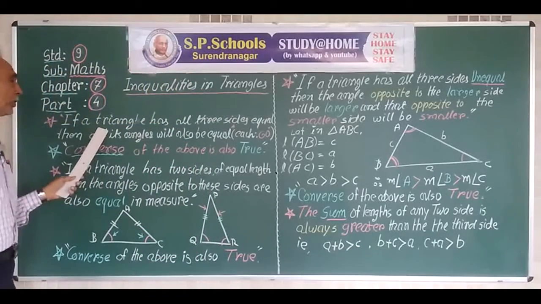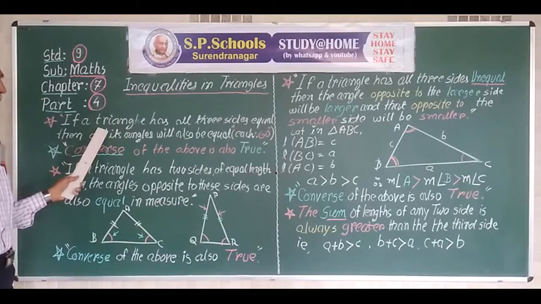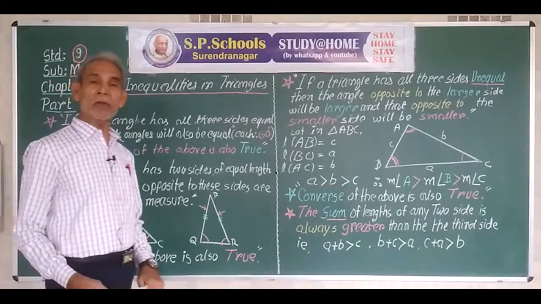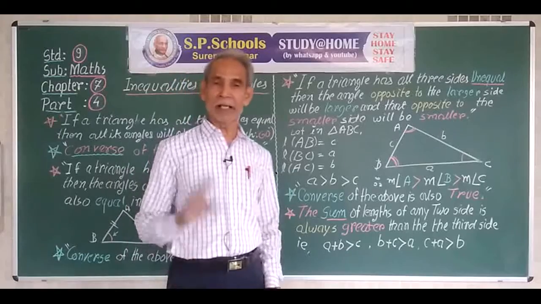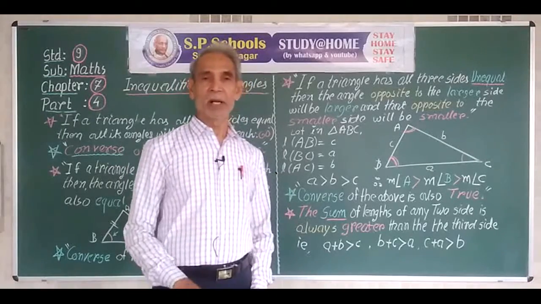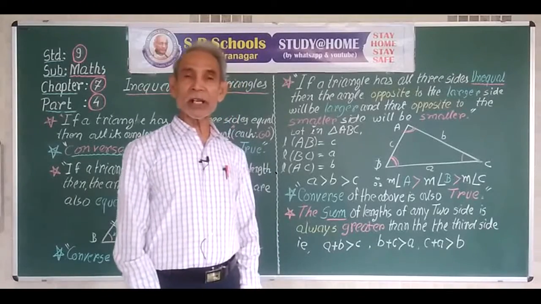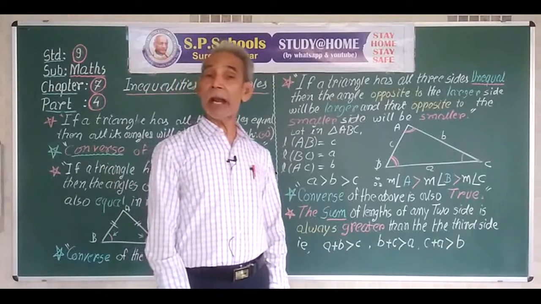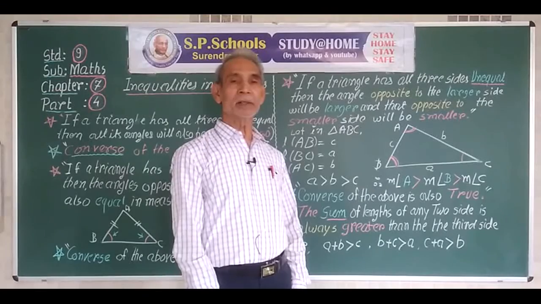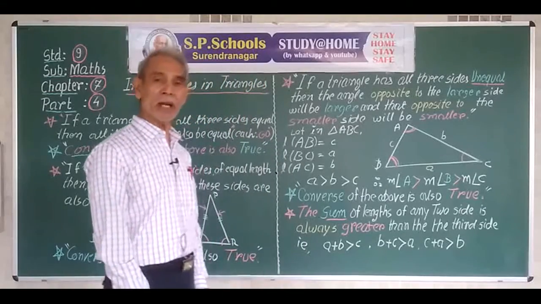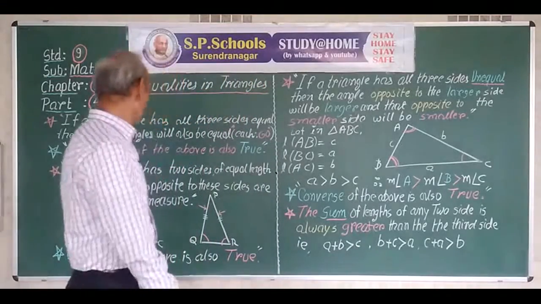What is the type of this triangle in which all three sides are equal? Yes, it is an equilateral triangle. Lateral means sided. A triangle with all sides equal. We can also say that it is an equiangular triangle. Equilateral, equiangular.